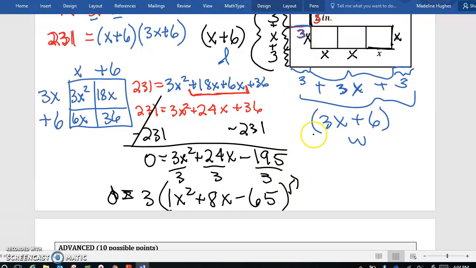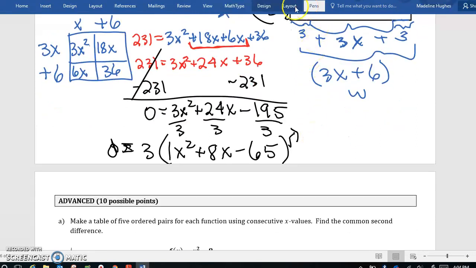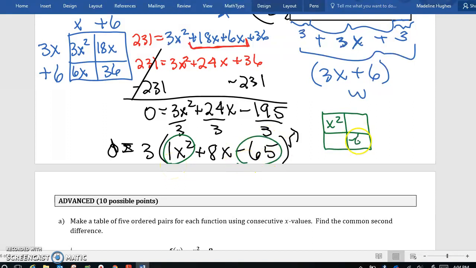I'm going to set up my Punnett squares. I'll use green. Alright. So I fill out the inside. X squared, which comes from right here. The minus 65 goes in this bottom corner. And I'm looking for two numbers that multiply to negative 65 and add to a positive 8.